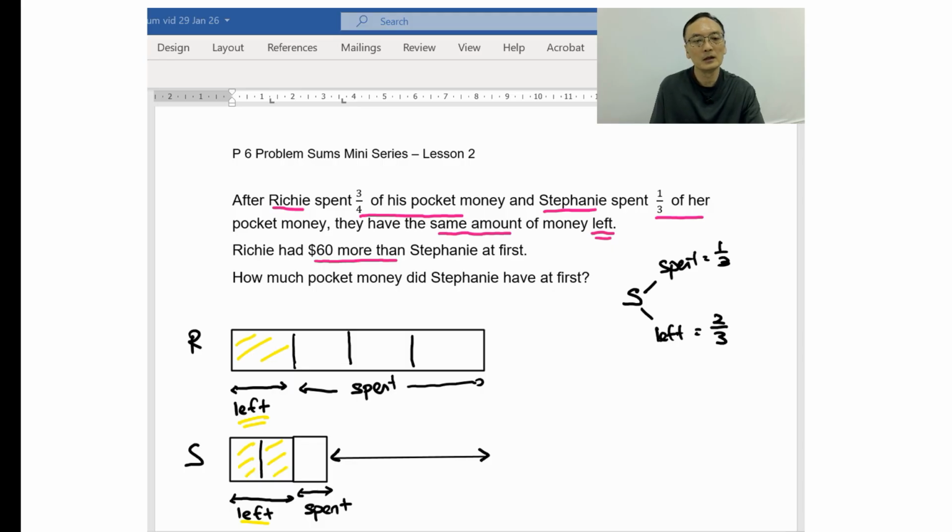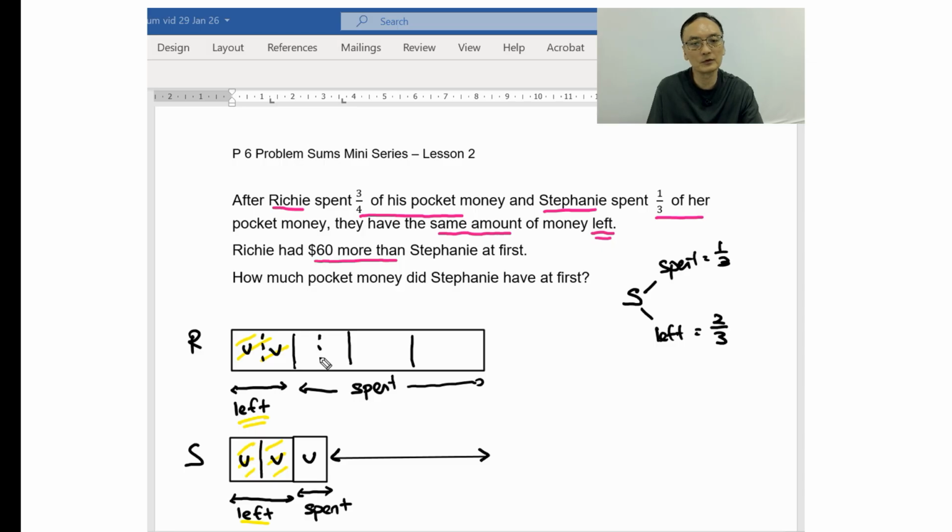Okay, so now based on what we have translated from the keywords into the model, we know that 2 units of Stephanie is equal to 1 unit of Richie, right? So we will assign units for Stephanie. So now we know that Richie's big unit can be split into 2 smaller units.